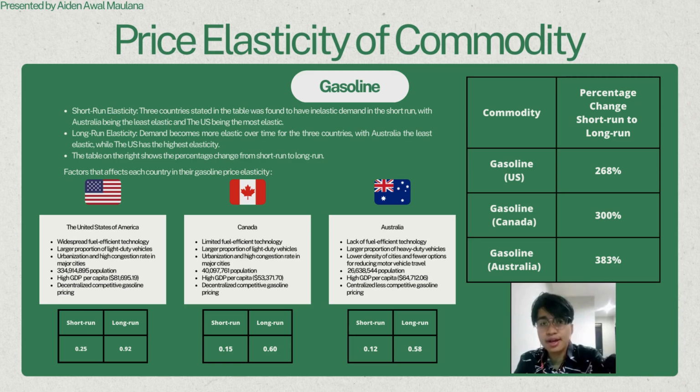Australia is the least elastic in its gasoline pricing, lacks fuel-efficient technology, has the smallest population, and a more centralized, less competitive gasoline pricing in the country. Australia also uses mostly heavy-duty vehicles, while Canada has a mix of both.